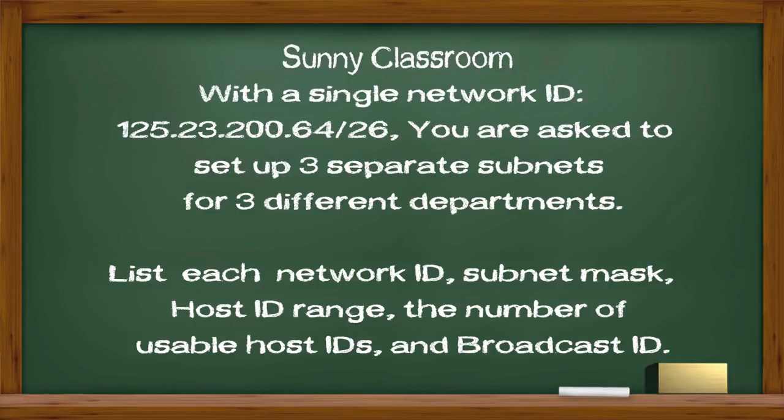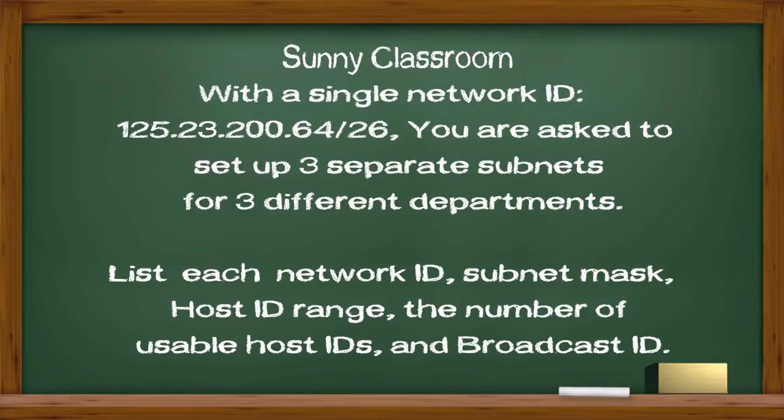Your task is to list each new subnet network ID, new subnet mask, host ID range, the number of usable host IDs, and broadcast ID. I put this example below this video. You can copy it to your document for your reference as we discuss the process.